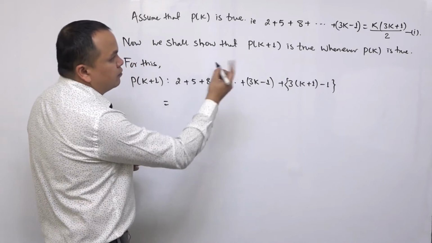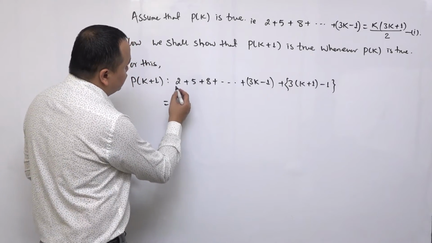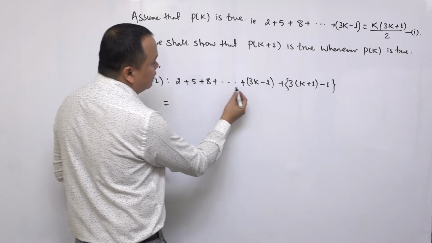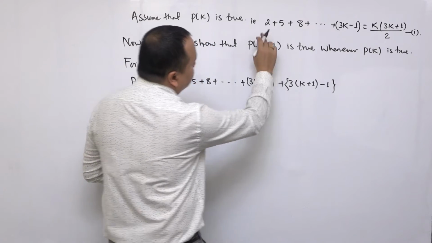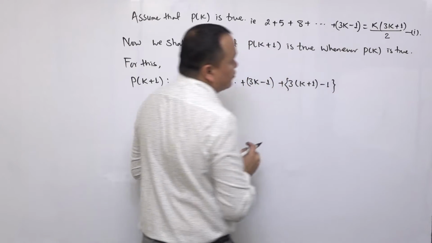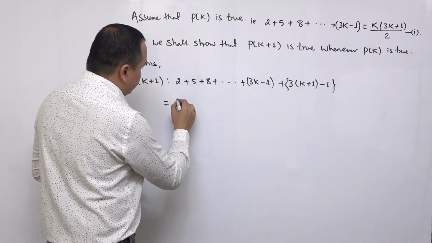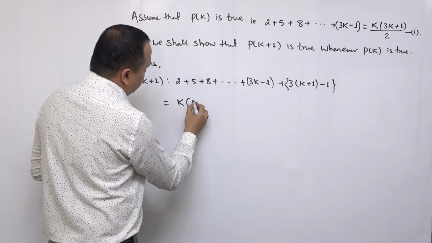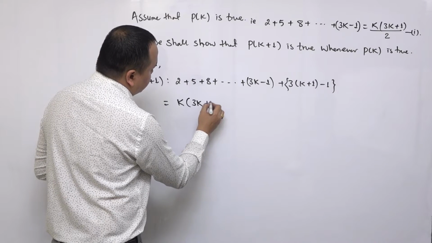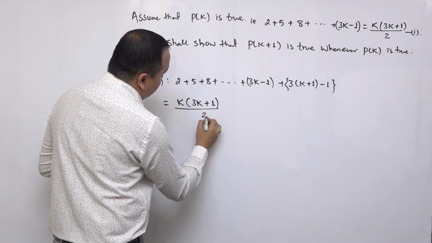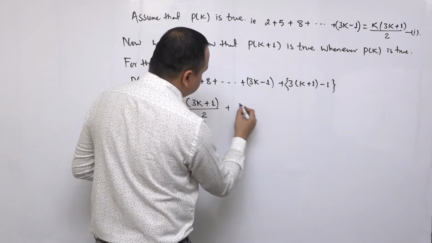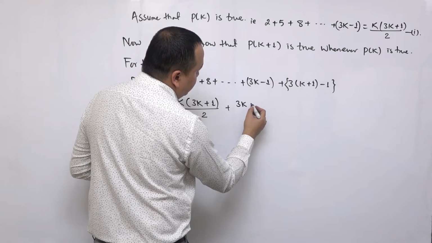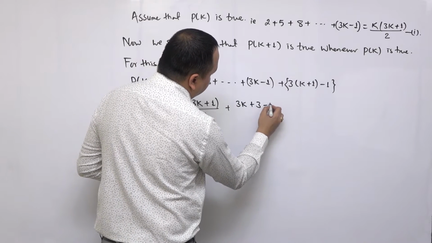Now from equation I, the 2 plus 5 plus 8 plus dot dot dot 3k minus 1, this is k times 3k plus 1 divided by 2. k times 3k plus 1 divided by 2 plus here 3k plus 3 minus 1.